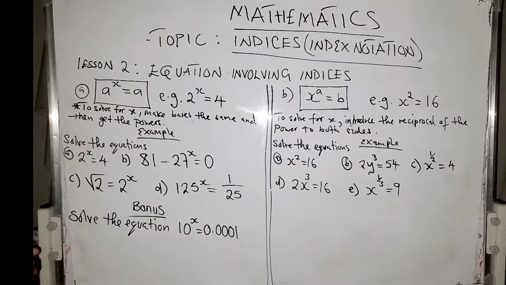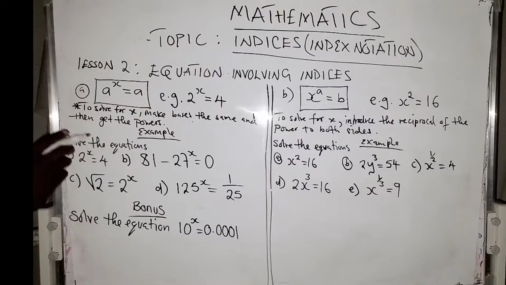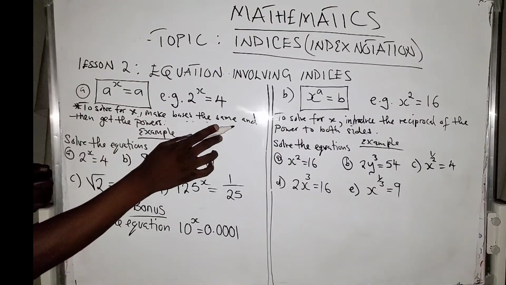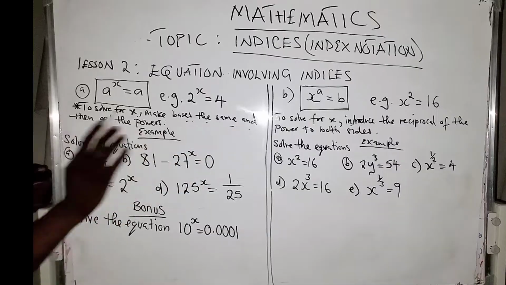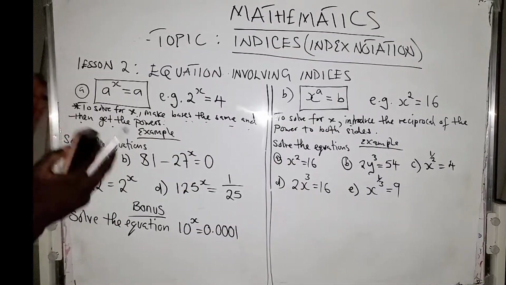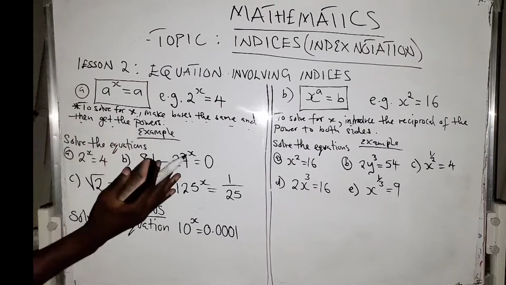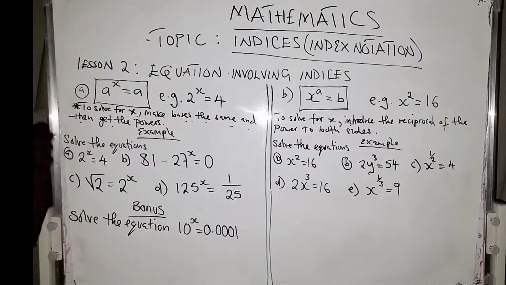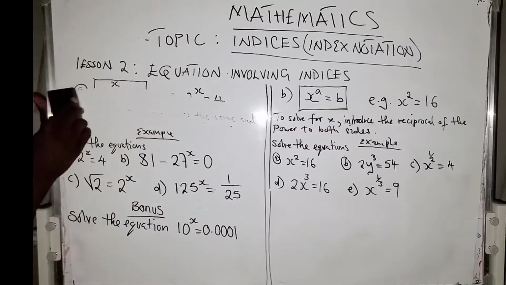Look at what they're saying. They're saying to solve for x, make the bases the same, and then get the powers. This is this part. Let's finish with this part, then we'll go to the second part, which is B. Let me just create space here.